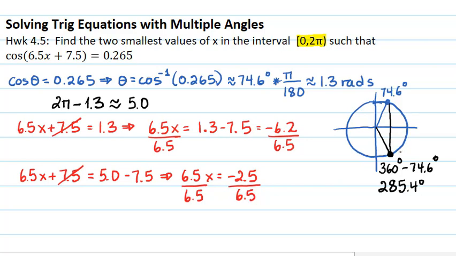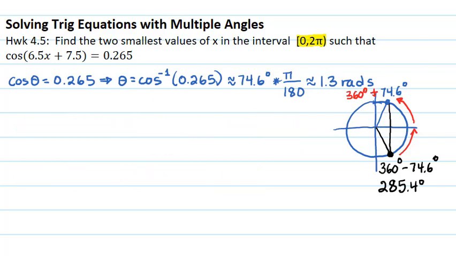So I will continue from here, complete a full revolution and come back to a coterminal angle with the 74.6 degrees. And that angle will equal 360 degrees plus 74.6 degrees. In radians, this would be 2 pi plus the 1.3.